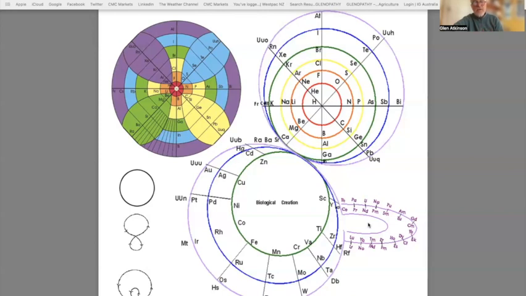The second thing we can observe about the trace elements is the story told by Dr. Hauschka in Nature of Substance, and it's called The Brothers of Iron in that chapter.